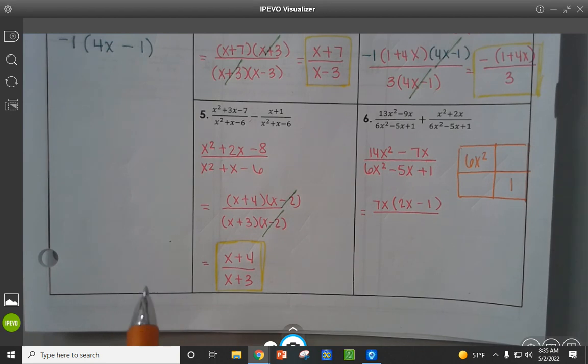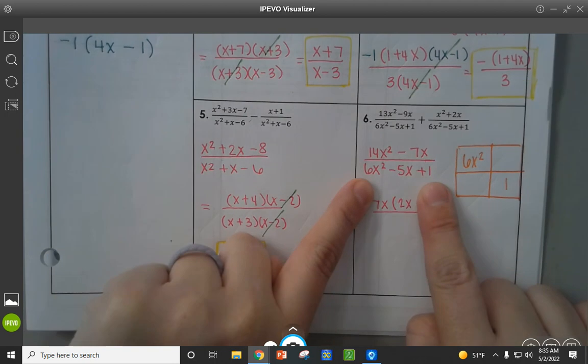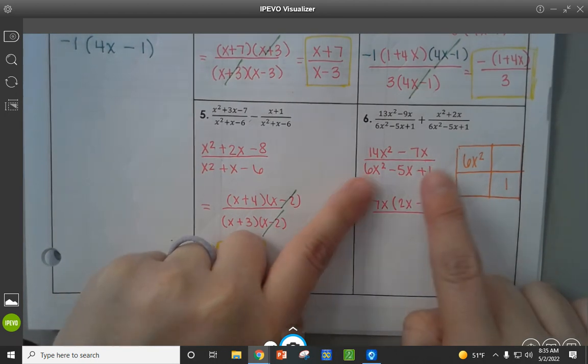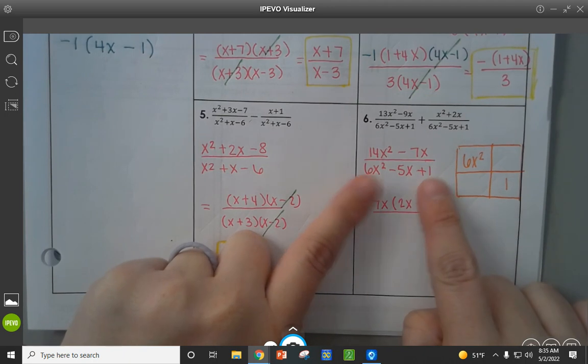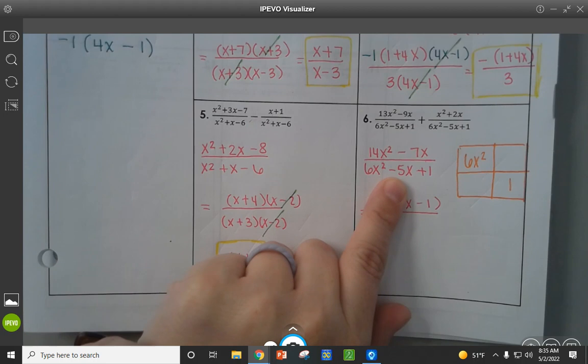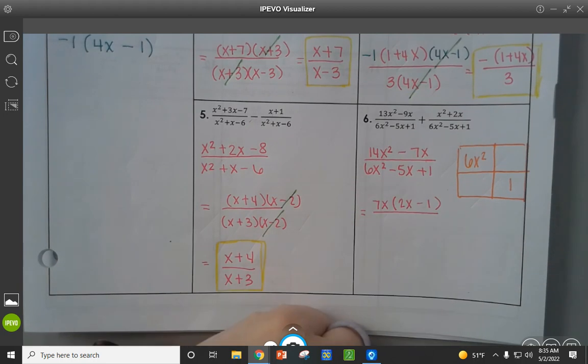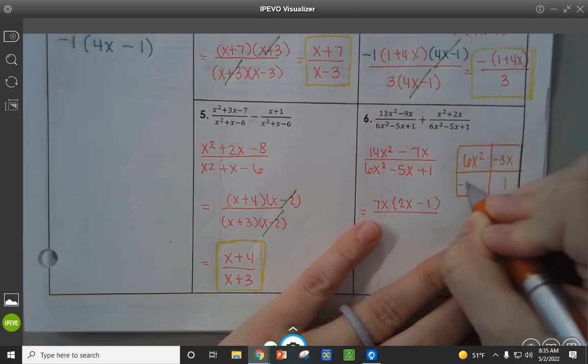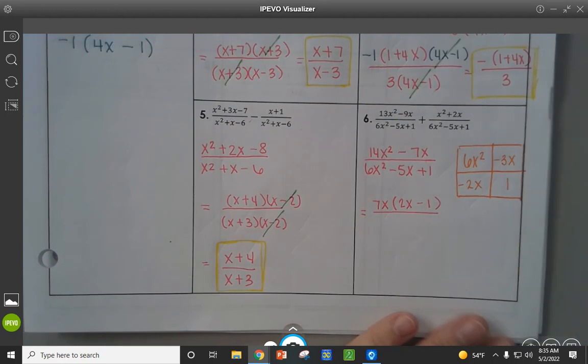Now we need two numbers that multiply to be 6. You multiply your A and C. So two numbers that multiply to be 6 and add to be negative 5. What are those two numbers? Negative 3, and you put an x with that, and negative 2, and put an x with that.